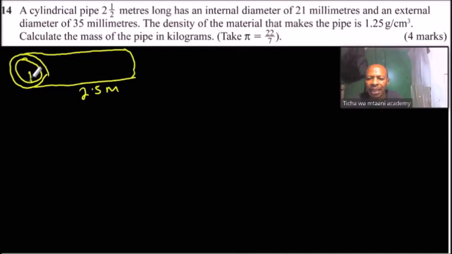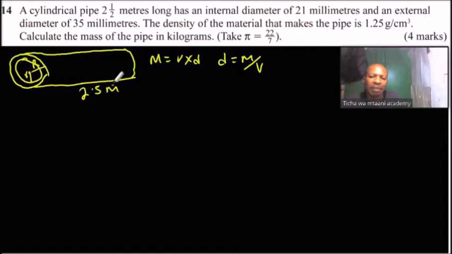We can call this small r, and the other one we call the capital R. So to find the volume, first of all, we know that mass is equal to volume multiplied by density. Because density is equal to mass over volume, so you cross multiply here to get the mass.